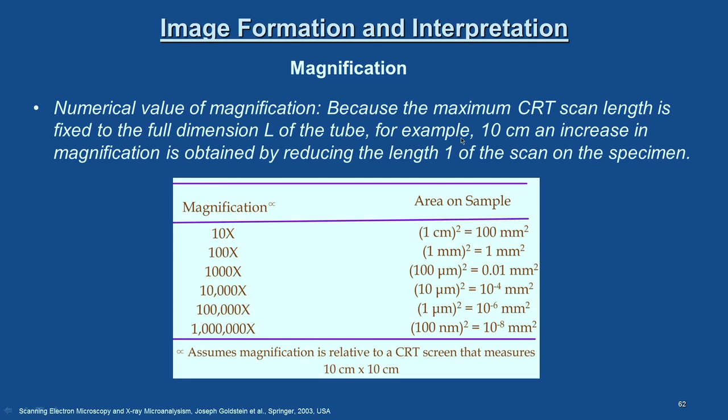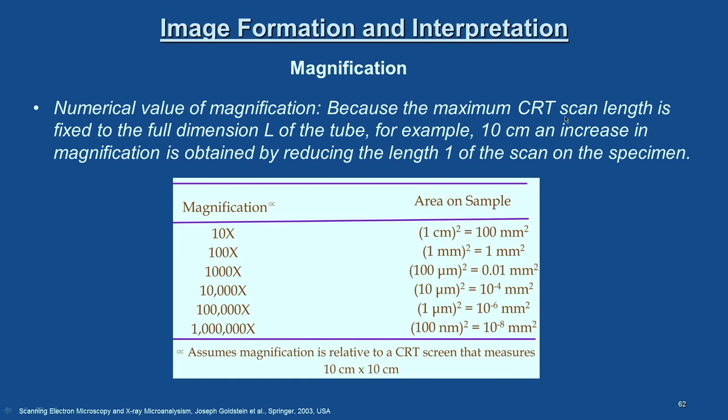In SEM, you have to understand another important parameter where the magnification is talked about. Numerical value of magnification in this instrumentation, as we have just seen before, it is L CRT by L specimen.